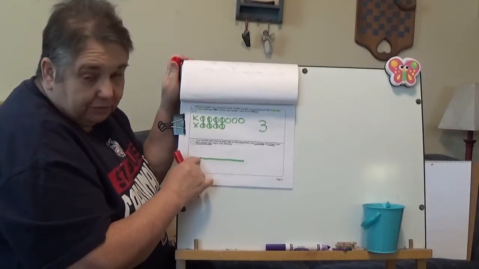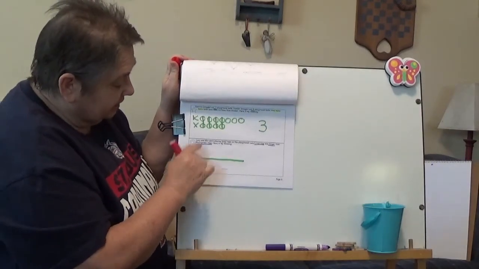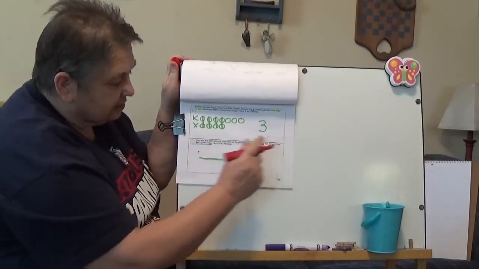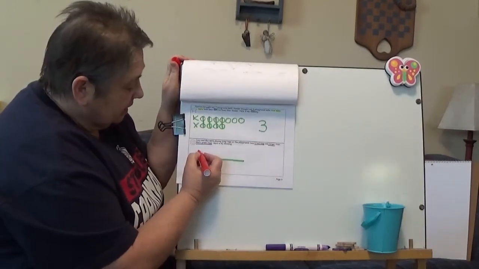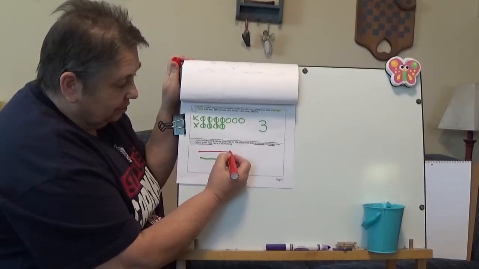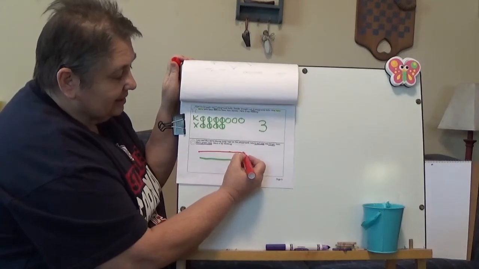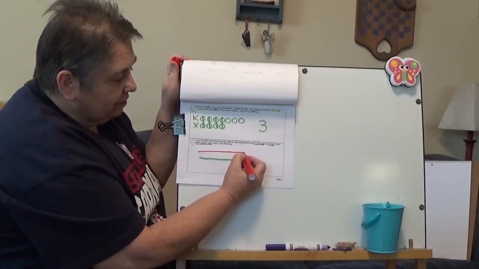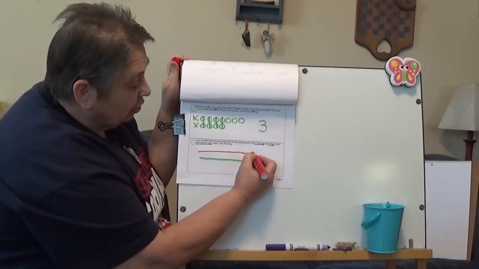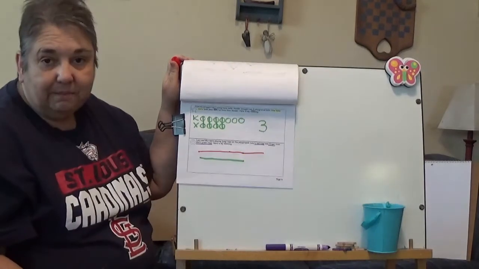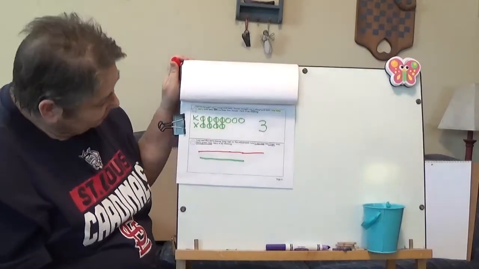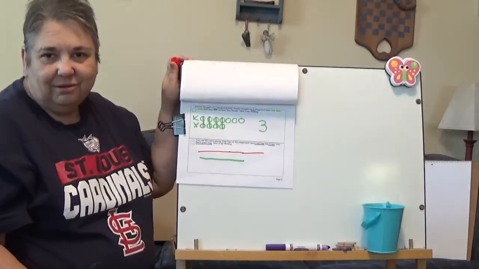Remember when we did the measure mice on our video? We always have to start at the same spot here and then stretch out to see which is longer. So here is hers. Right now it's shorter. Now it is the same, but our words say that Lucy's red rope was longer. So it has to be bigger than that. If that's what you have, you have done a great job.